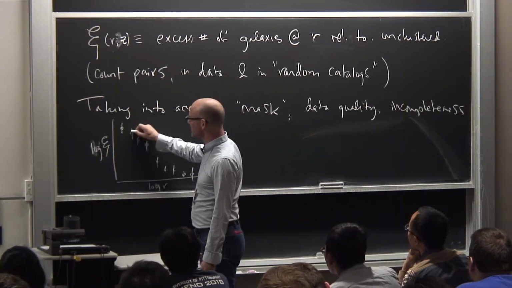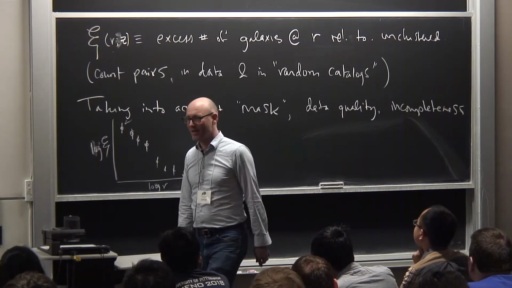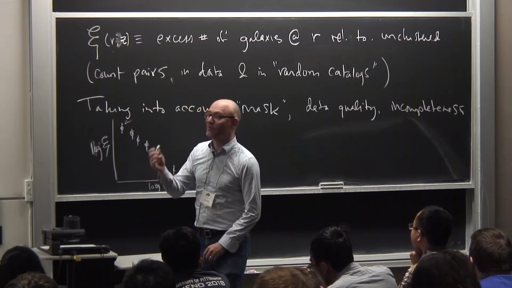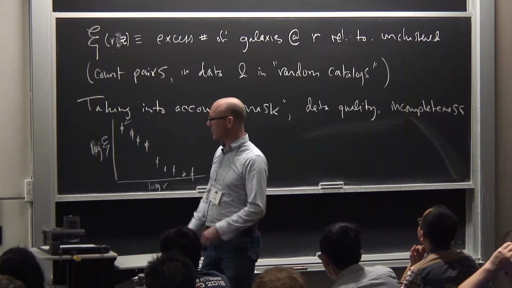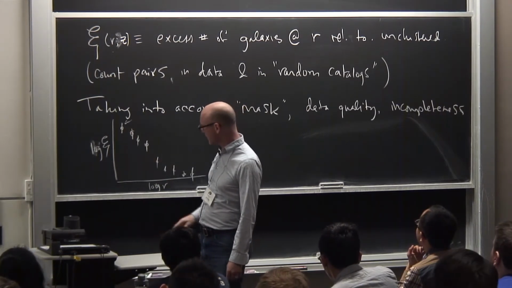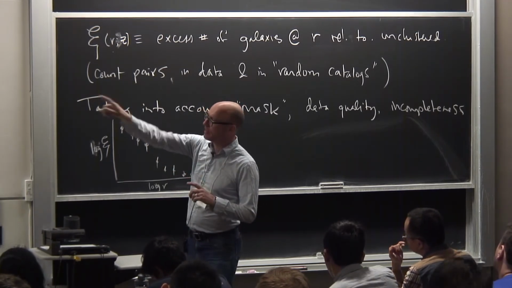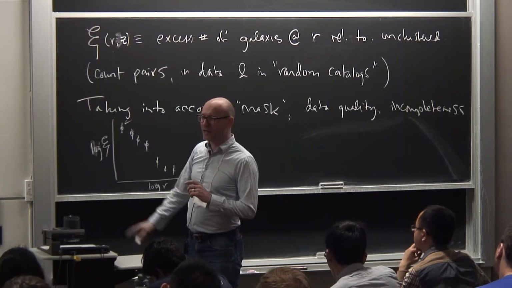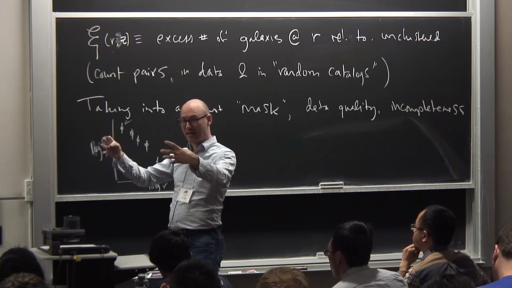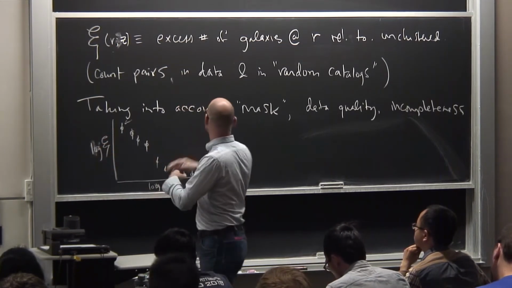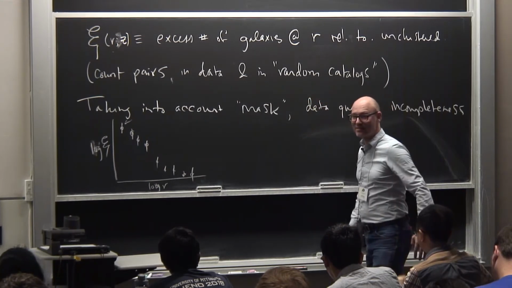I did something here which is strange, which is I drew error bars on these points, or uncertainties, and you should ask, where did those come from? And I'm about to say, because that is going to be in some ways the most challenging thing of all of this. The idea is that any theory, these horrendous simulations we do, any horrendous simulation can be taken and put into the same mask. We can apply the same data quality censoring to it.